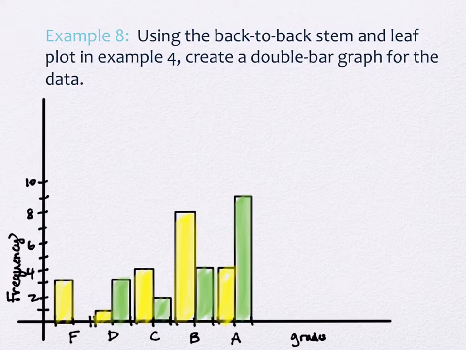And then I have to tell the reader of the graph what those colors mean. So over here, I'm going to create a little key that's going to show my colors, green and yellow. And I'm going to label that this is exam 1, and this one is exam 2.